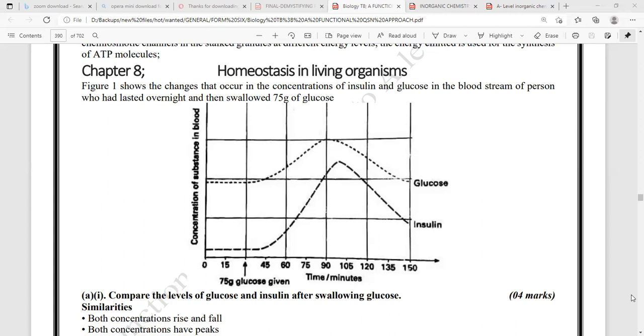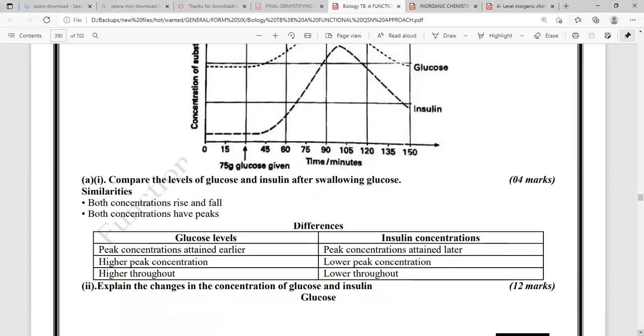Now, having looked at the significance and the relationship, question 1 says compare the levels of glucose and insulin after swallowing glucose. When a question says compare, we are making a comparison, where in our mind we need to have two things: similarities and differences.